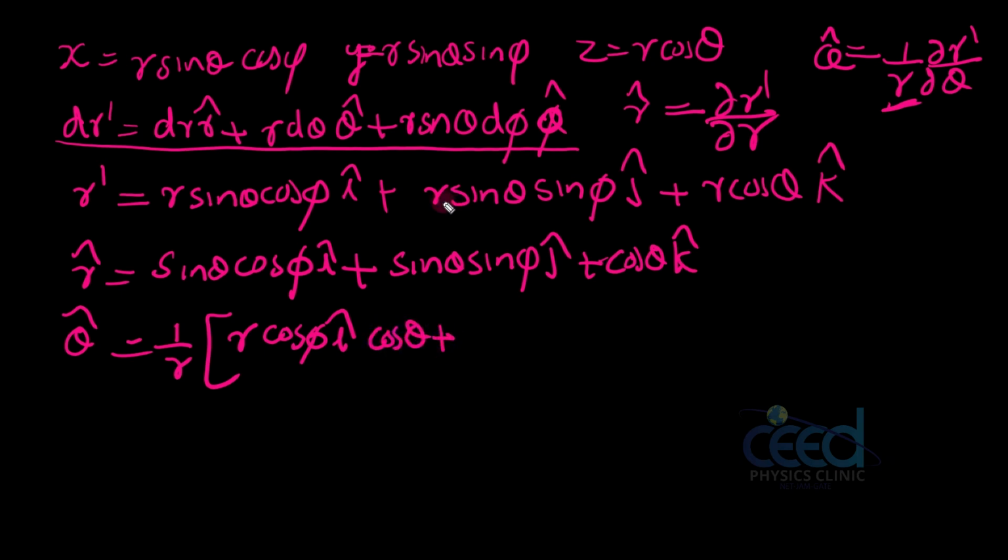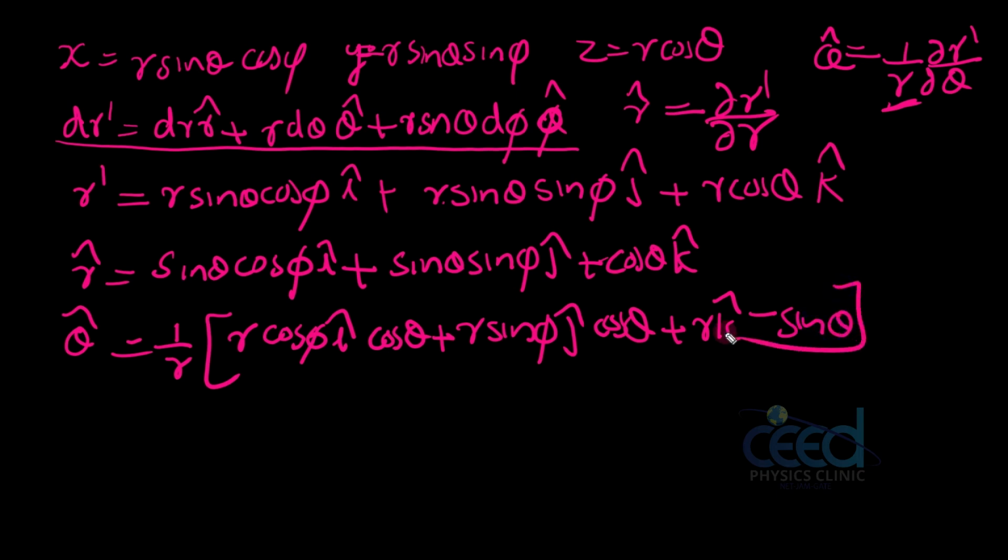Plus again r sin φ ĵ is a constant, and when you do sin θ I will get cos θ. Here also r k̂ is constant, and when I do cos θ I will get minus sin θ, right? So you can cancel r from the denominator and numerator.